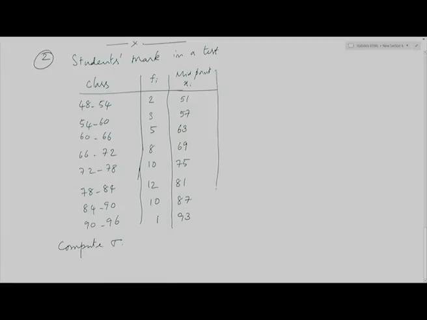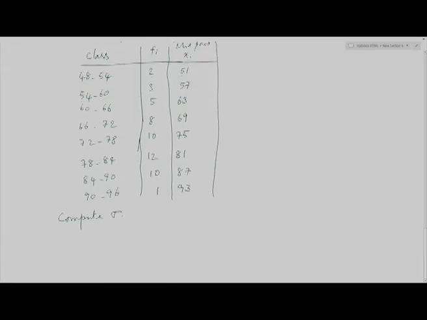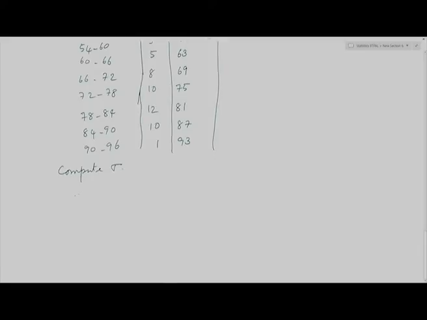Now we need to compute sigma. Let me rewrite the formula. X bar is sigma fi xi divided by sigma fi, and sigma fi is the total. The last row is for the totals, and here it is 51. There are 51 students in this class.